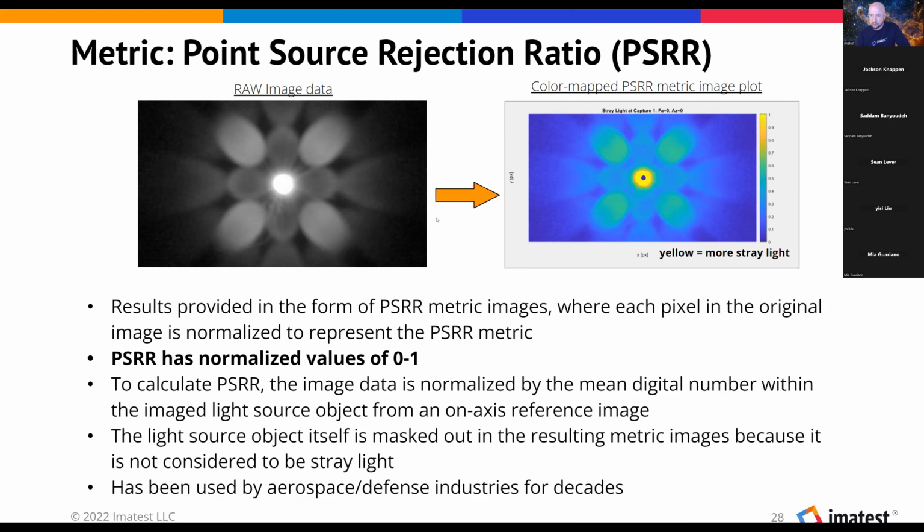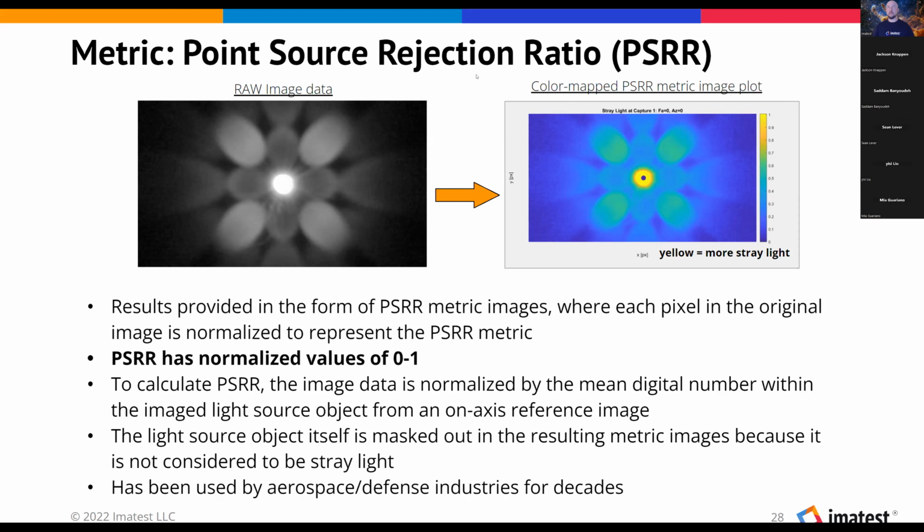Yeah, I think I understand your question. If I were to take this on-axis reference image and it was not saturated, then I probably wouldn't see all this stray light surrounding it, right? So the idea is to take a separate image where you change the level of the light source. If you know how much that level changed and you're using linear image data, you should be able to back out the normalization factor from there.